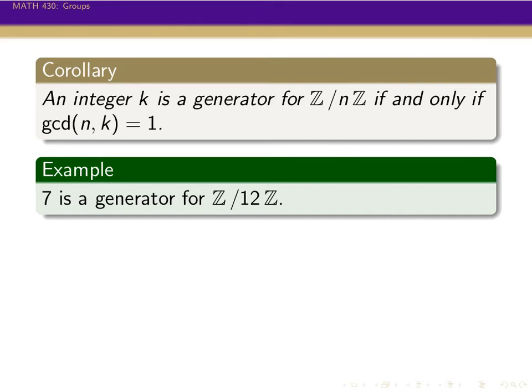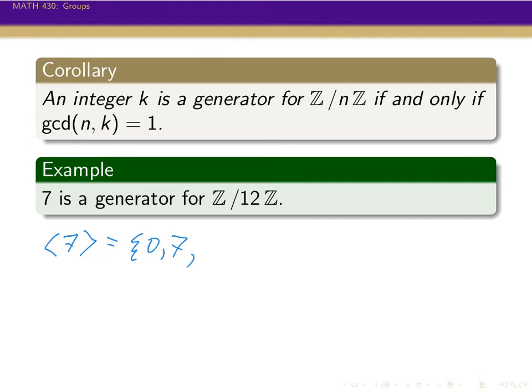The claim is that 7 is a generator for Z mod 12Z, because 7 is relatively prime to 12. Since we're using addition as our operation, we're really looking at the multiples of 7. So the subgroup generated by 7: the first multiple is 0, and then we have 7.